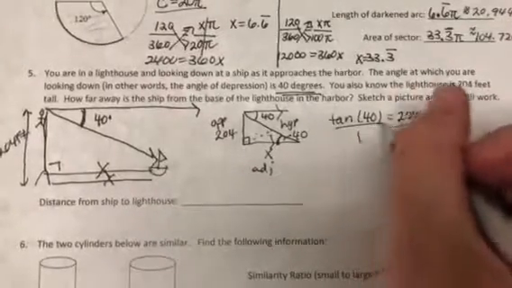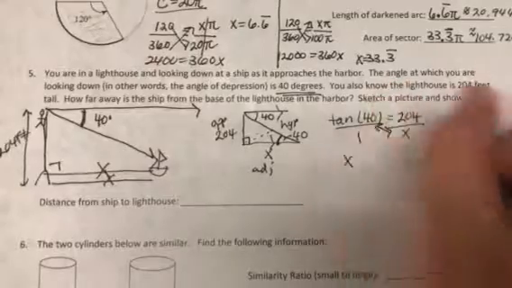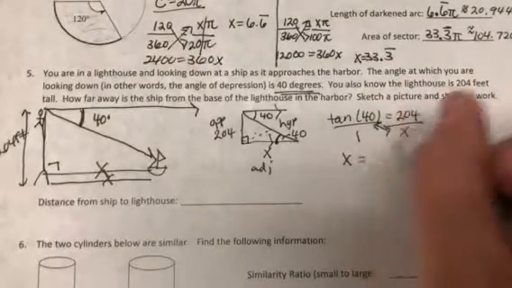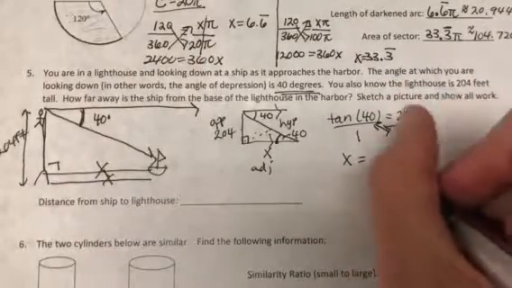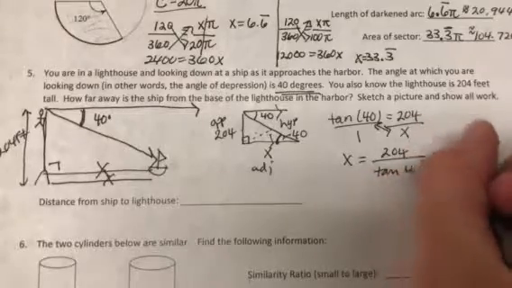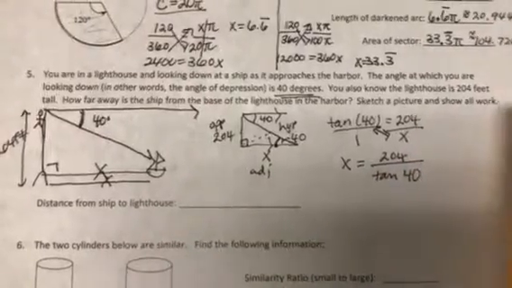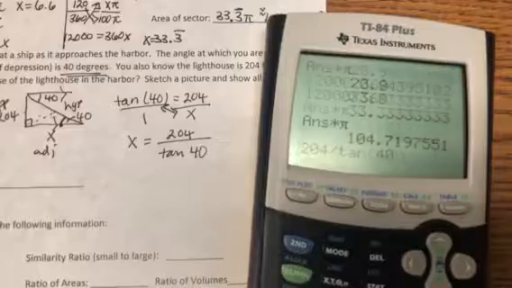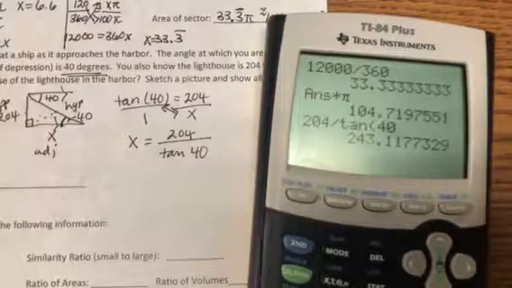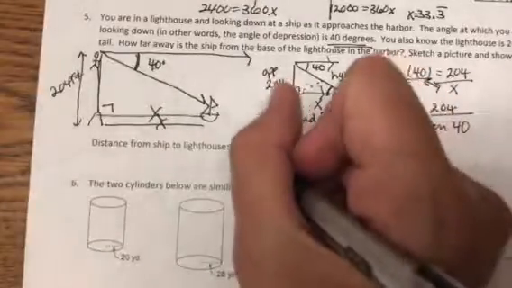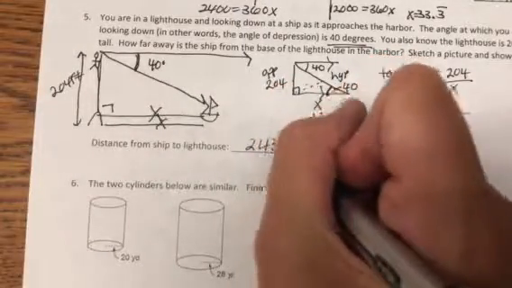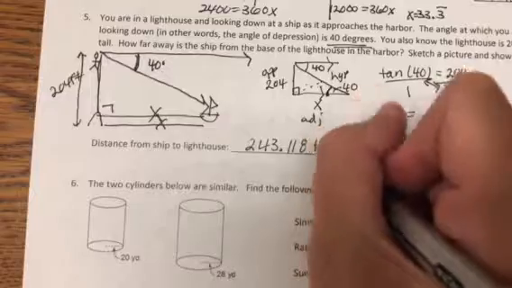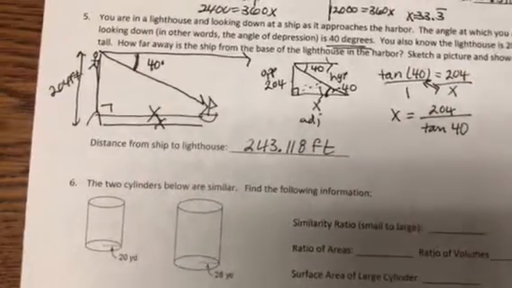And then remember, when the variable's on bottom, we can swap those out like we would in a proportion. So x equals 204 over the tangent of 40. Again, make sure you're in degree mode for this problem. So 204 divided by tan 40, 243.118. So the ship is 243.118 feet from the lighthouse.